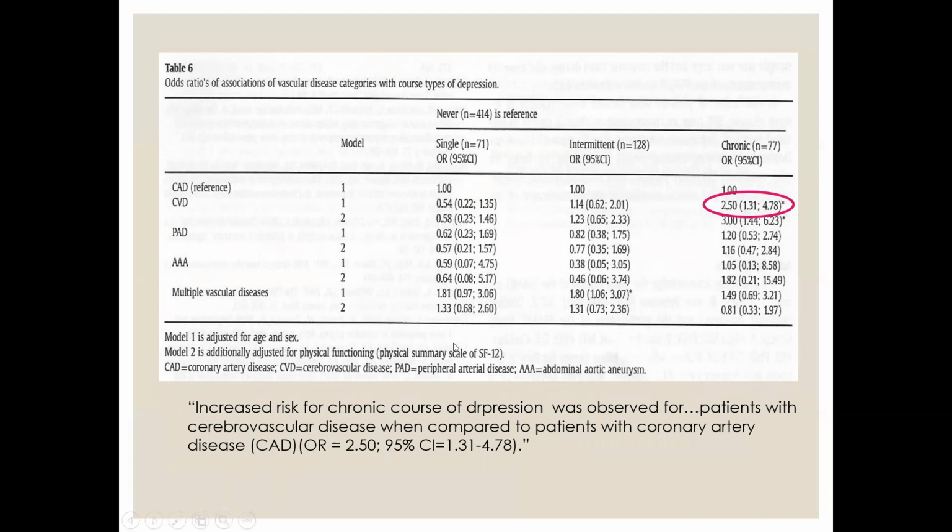So people who have cardiovascular disease, CVD, their risk of depression was 2.5 times greater than those who just had coronary artery disease. So you're saying within these two groups, there's different risk of depression, and here's how we quantify the risk. In CVD, that risk is 2.5 times greater than it would be for those who just have coronary artery disease alone.